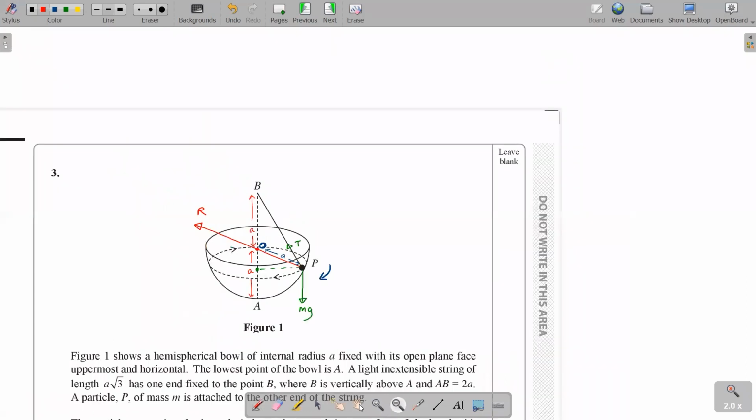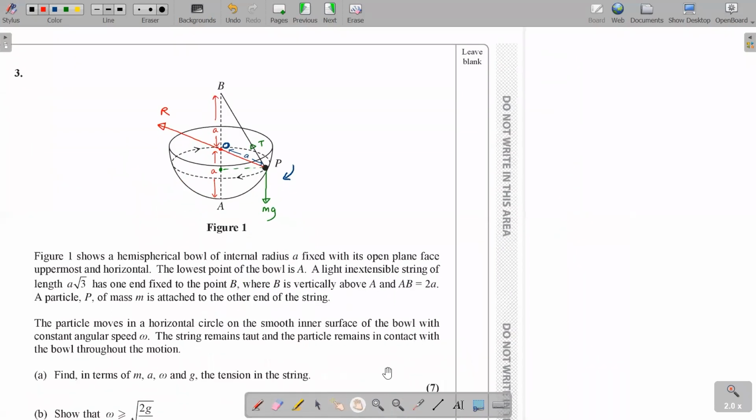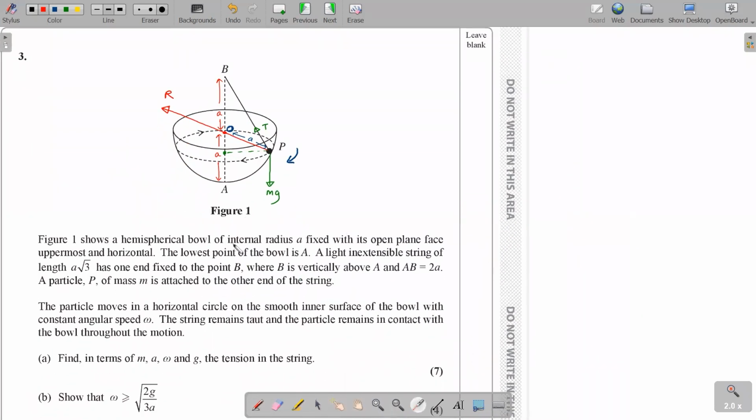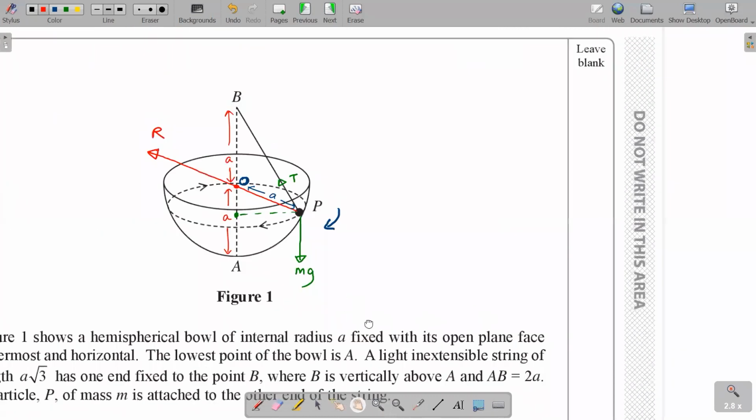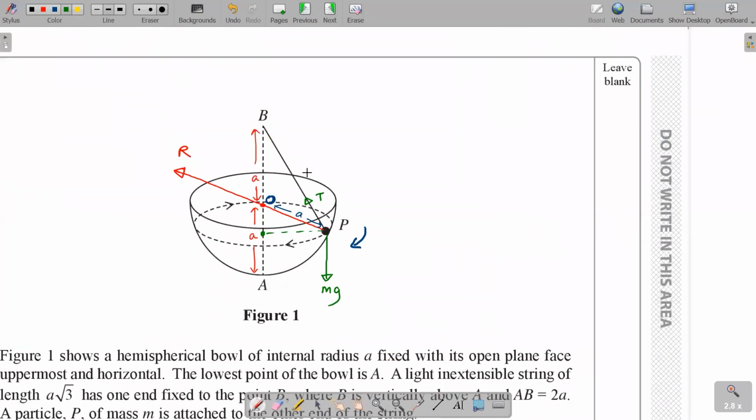And then they've told us another thing: a light inextensible string of length A root 3 has one end fixed to B, and the other end is at this point. So the length of the string is A root 3. Mark this length as A root 3.